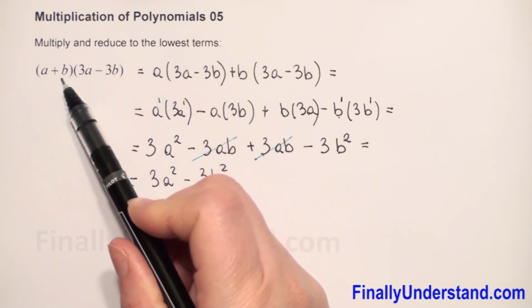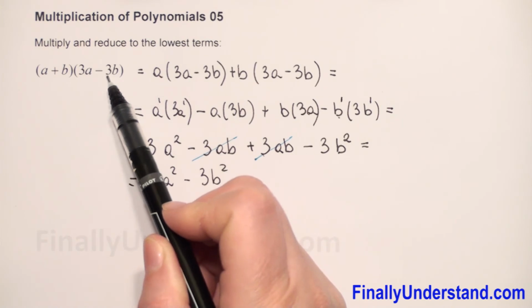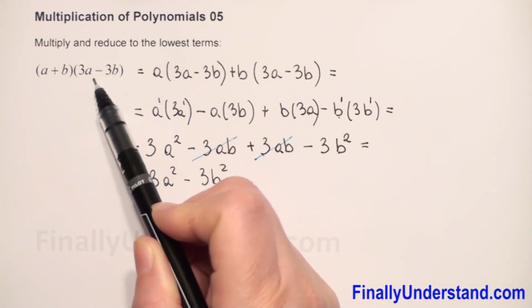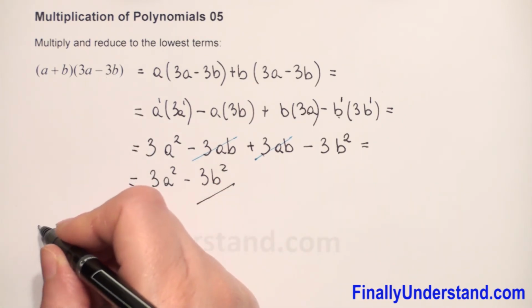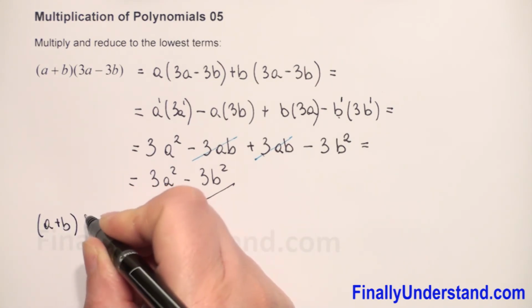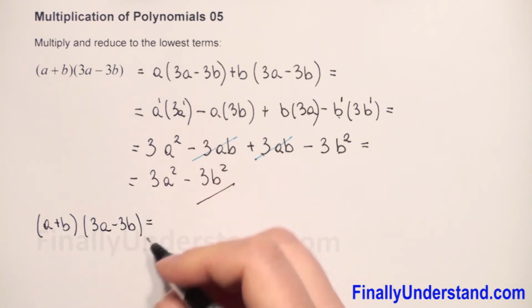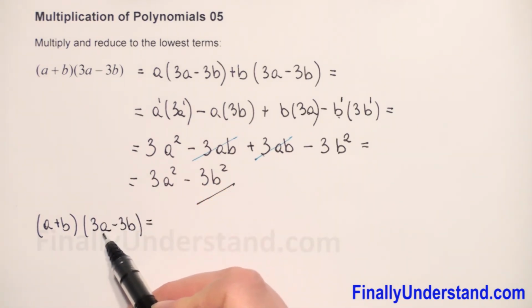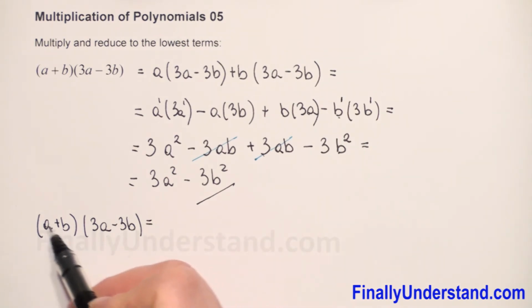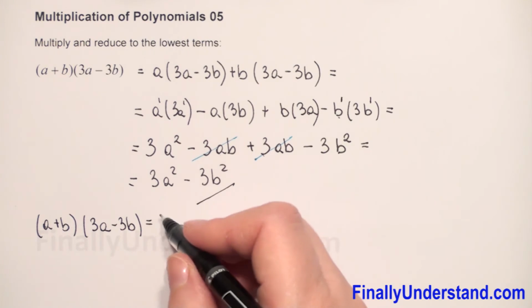If you see these two expressions, in the second parenthesis we have 3a and 3b, so we can factorize 3. Let me copy this example one more time. We have a plus b times 3a minus 3b. So this is equal, like I said, we can factorize 3 from the second parenthesis, and we put this 3 before the whole expression because we have multiplication, so we can do this.